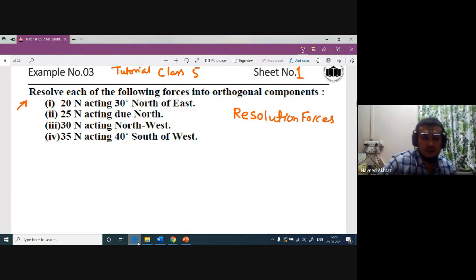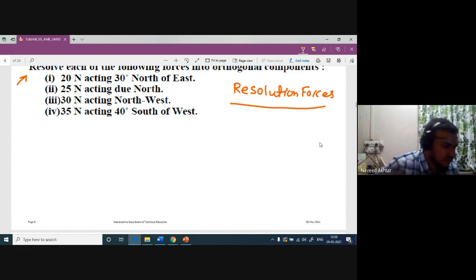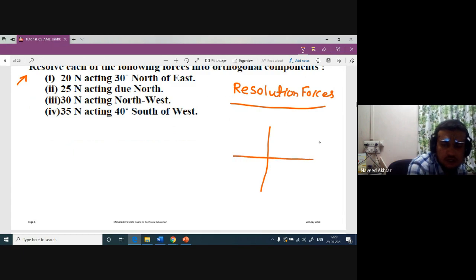Okay, so we will resolve the first force. You know that in our coplanar forces there are four quadrants. This is your x-axis.